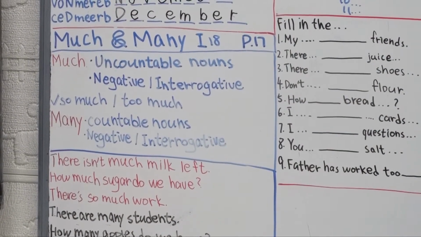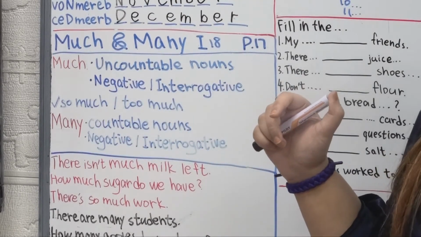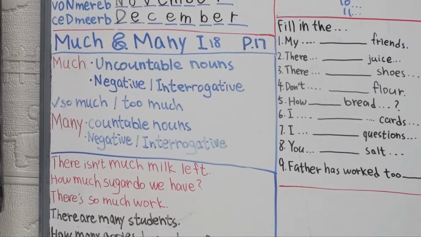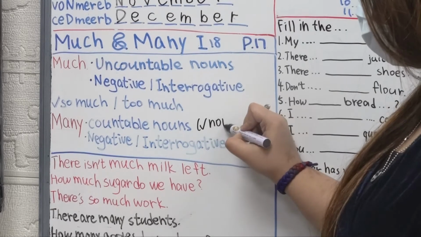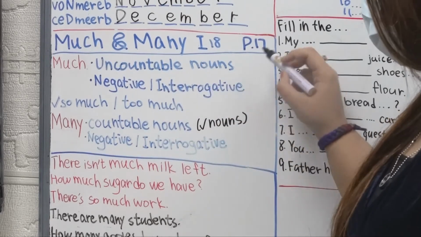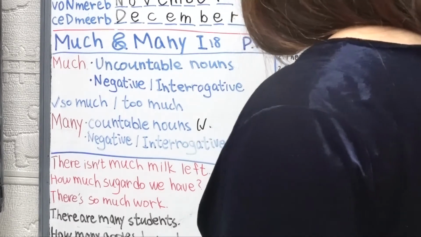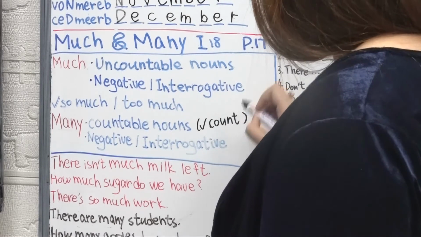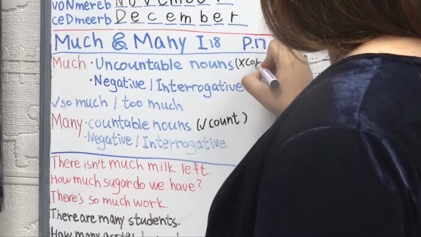Countable things go like 1, 2, 3, 4, 5, right? Let me write that. Count. And much is used for the things we cannot count. Simple as that.